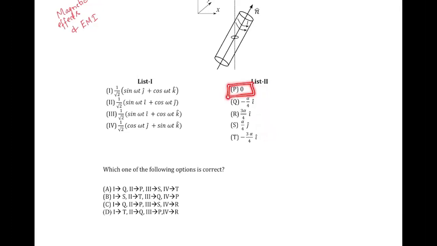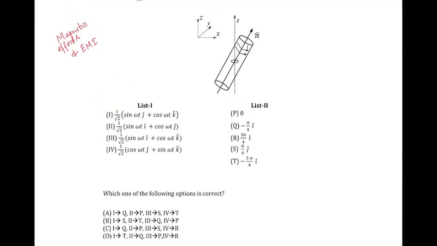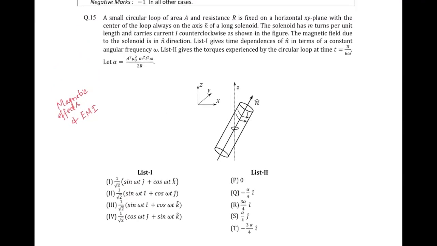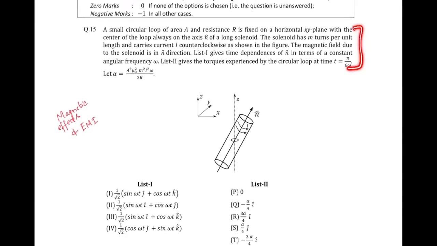Now you try to identify that particular one from list 1 for which the answer could possibly be 0. You try to read the situation they have given in the question, and then identify for which case 0 would be the answer.